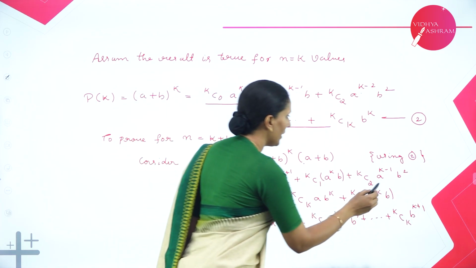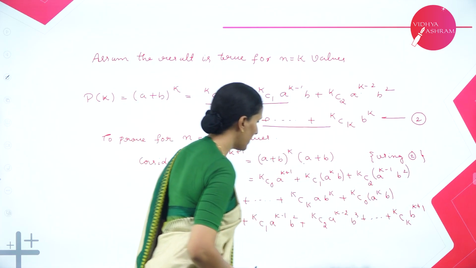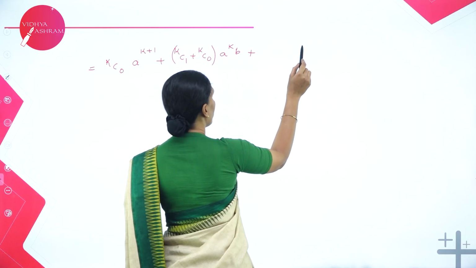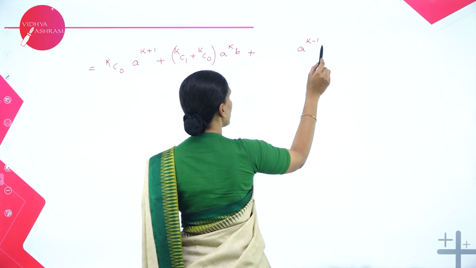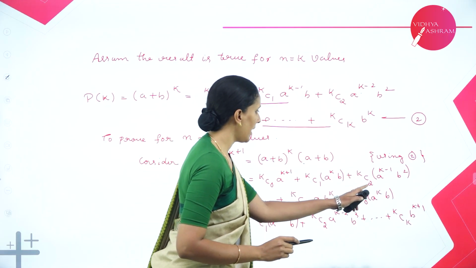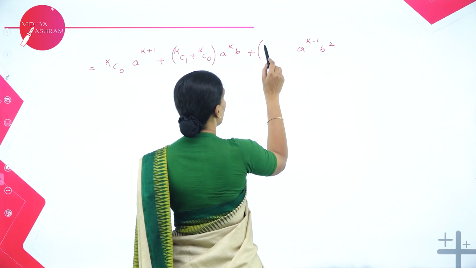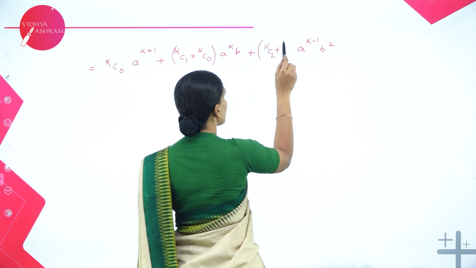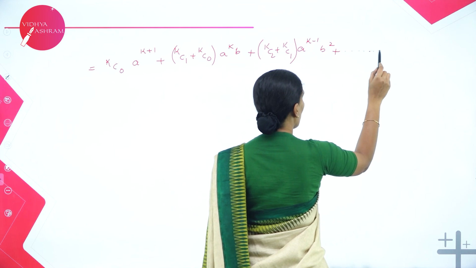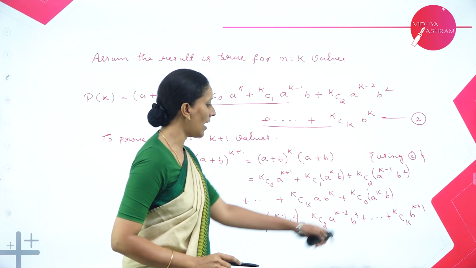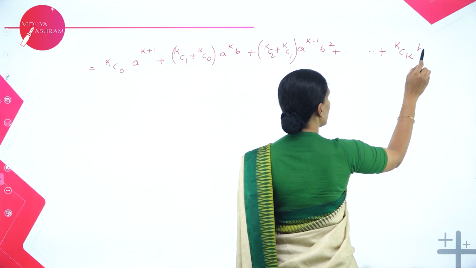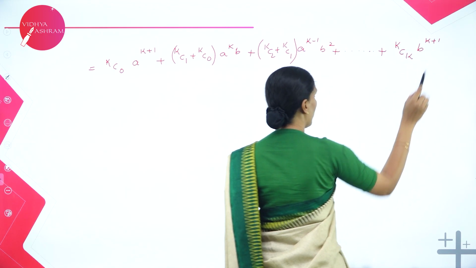Next I'll take a power k minus 1 b square, which is here and here. If I take a power k minus 1 b square as a common factor, then I'll get kC2 plus kC1. Similarly, I can take the remaining common factors, and let us write the last term kCk b to the power k plus 1.